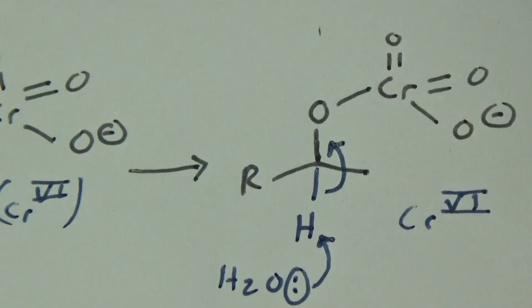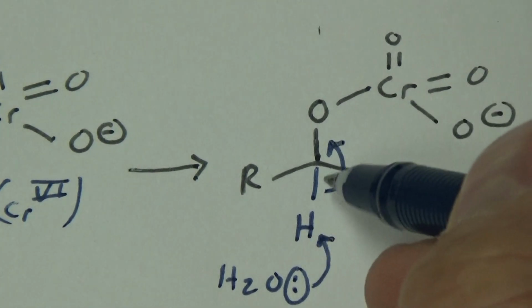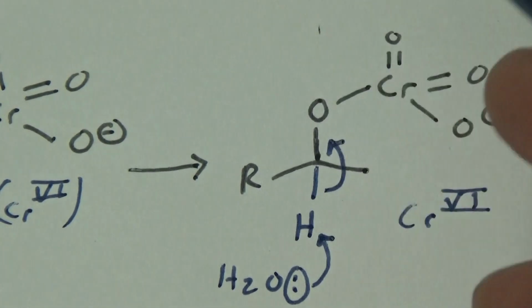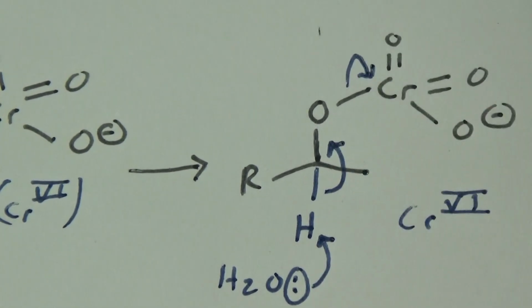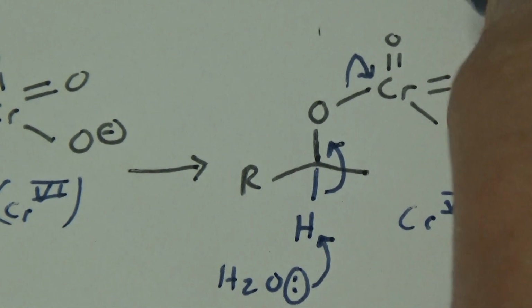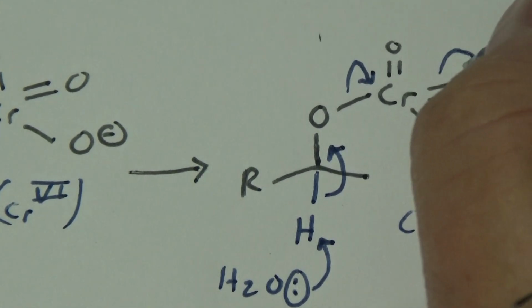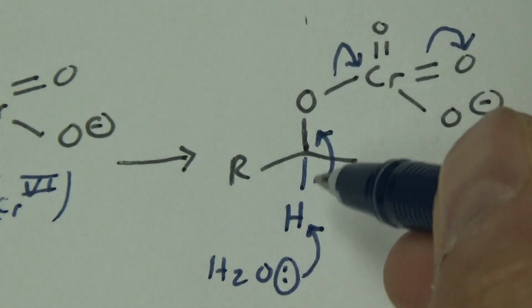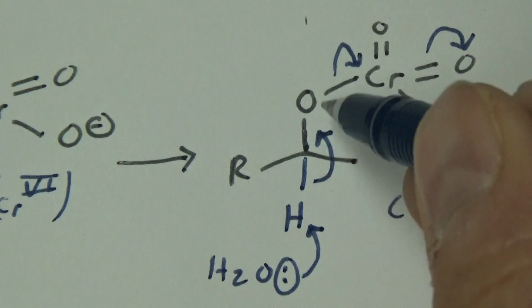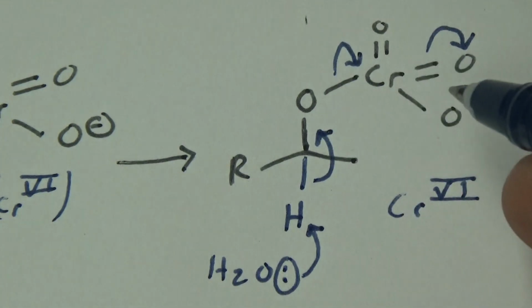Now it creates a C double bond O, and pushes onto chromium. Chromium is like a leaving group at this point. Chromium goes away, and we actually have one more arrow onto one of the double bond O's. Okay? So water attacks, grabs the proton, makes a double bond O. Chromium comes off as a leaving group.